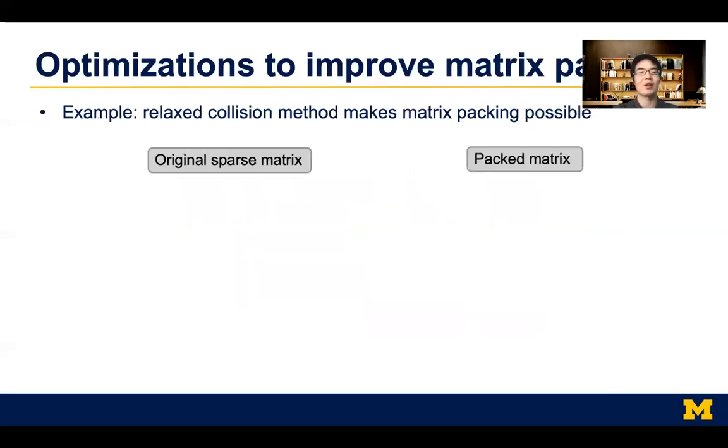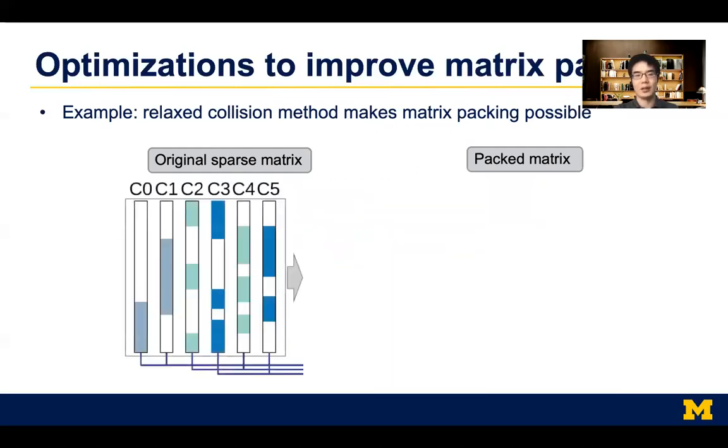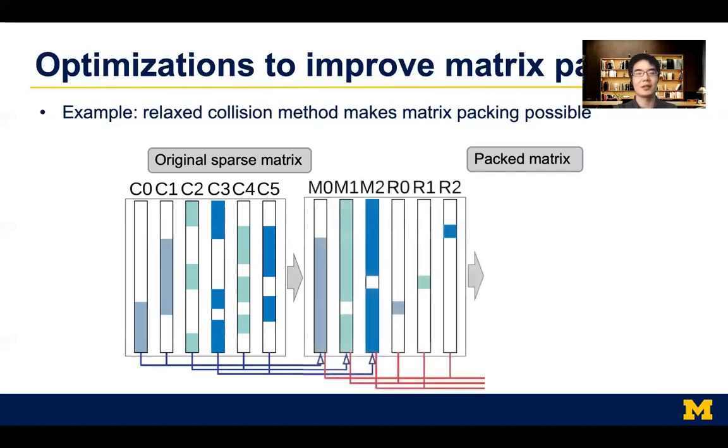Here is an example of how the relaxed collision method, step 1, works. In the original sparse matrices, from C0 to C5, none of them can be merged together. If we relax the collision constraint, you can merge C0, C1 to M0, and C2, C4 to M1, and so on. But there will be collided entries R0, R1, R2.